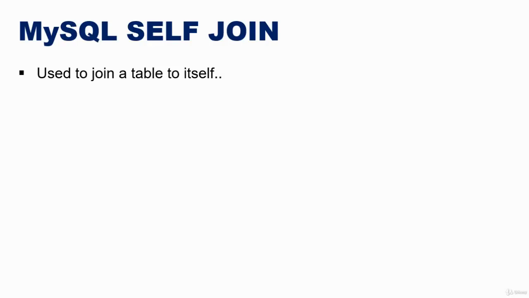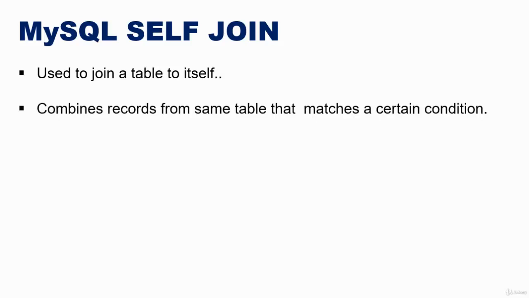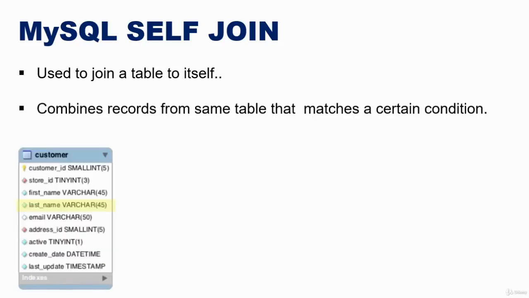So a self-join is useful for when you want to combine the records in a table with other records in the same table that match a certain join condition.